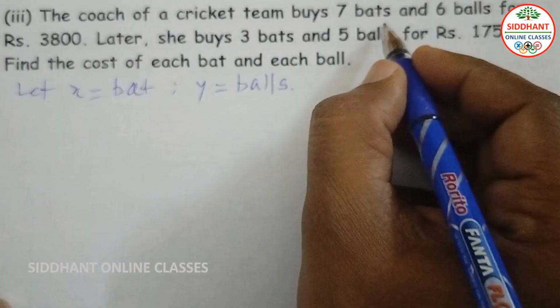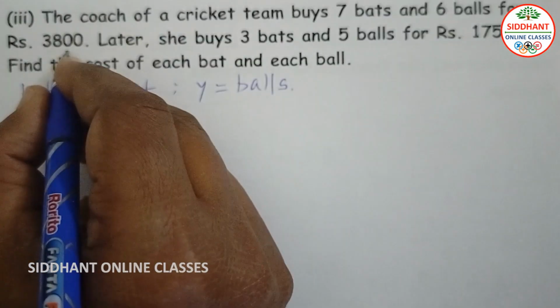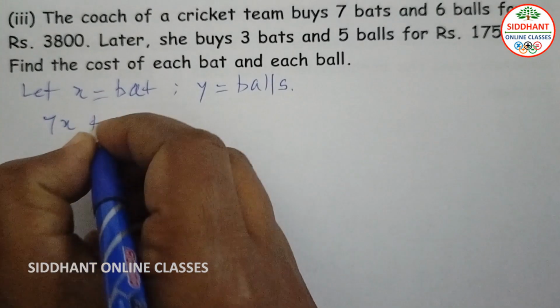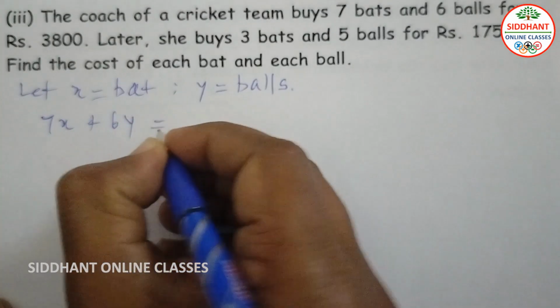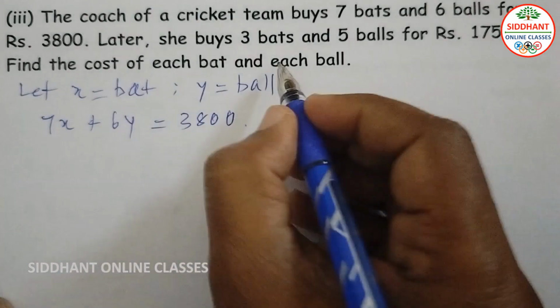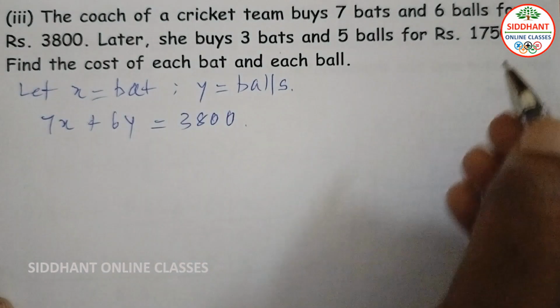So now first, 7 bats, 6 balls cost 3800, that means 7x plus 6y equal to 3800. Next, 3 bats and 5 balls, 1750.